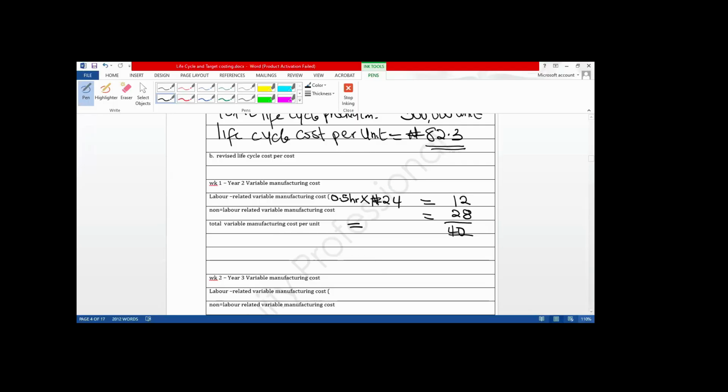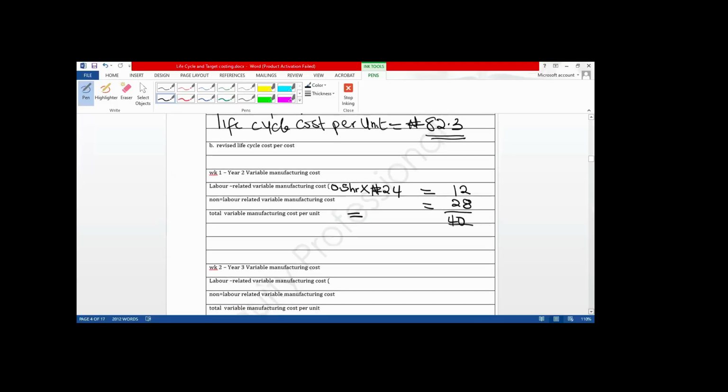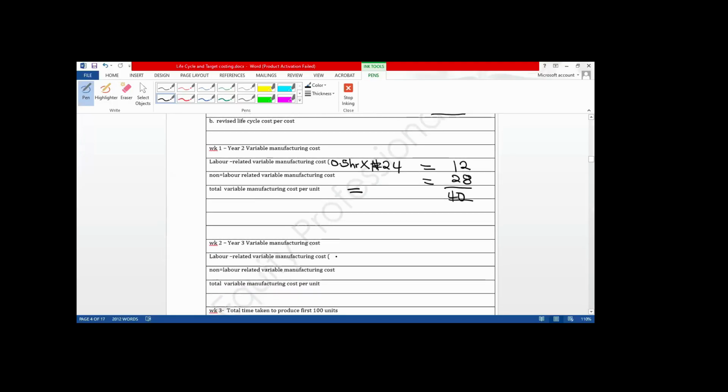Go to year 3. To produce the first unit, you require 0.5 hour of labor. What is the labor rate per hour for year 3? It is 26 naira, not 42.